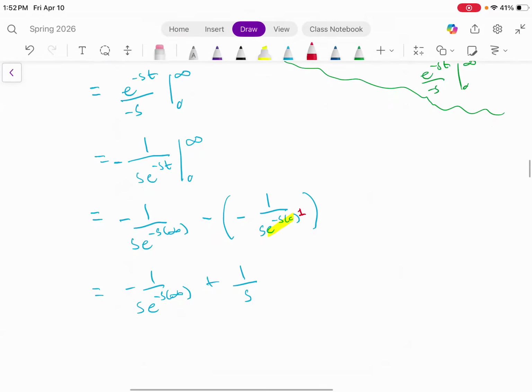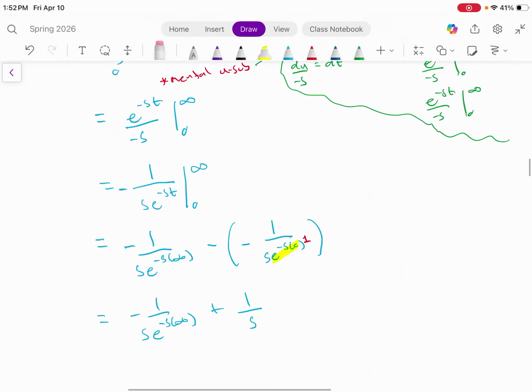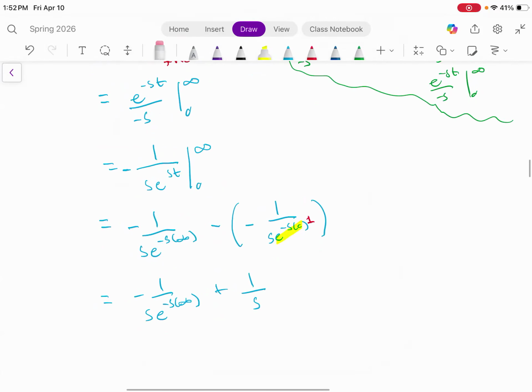So this is what we're left with. And this is where we need to define what s is. If we see we have negative s to the infinity, or excuse me, I have a typo. Let's backtrack a bit. I still left this as a negative exponent. I think that's why I was stumbling a bit.